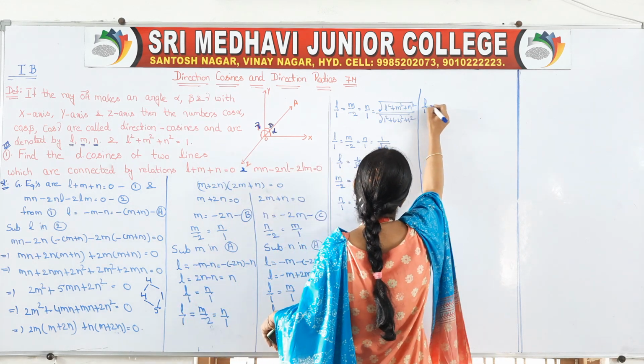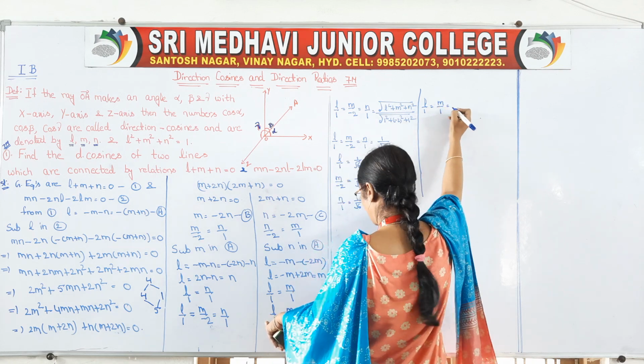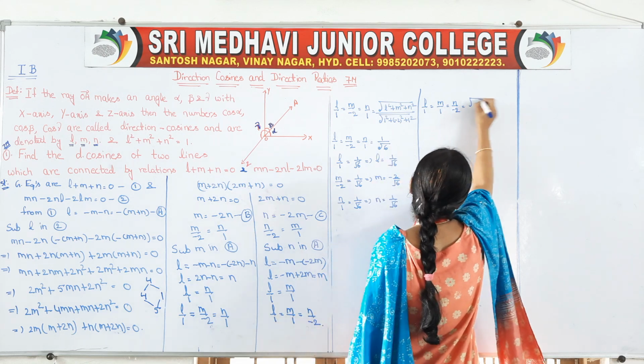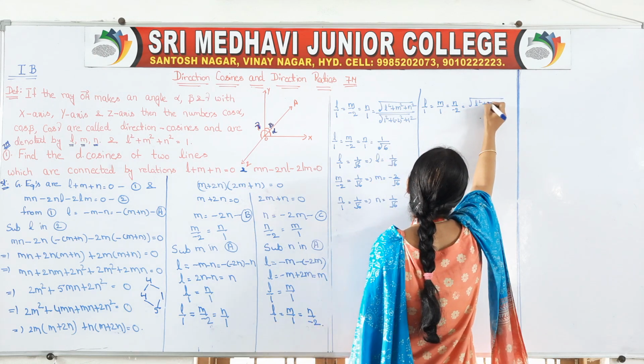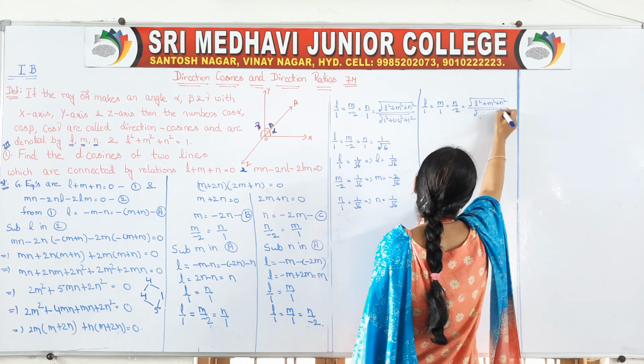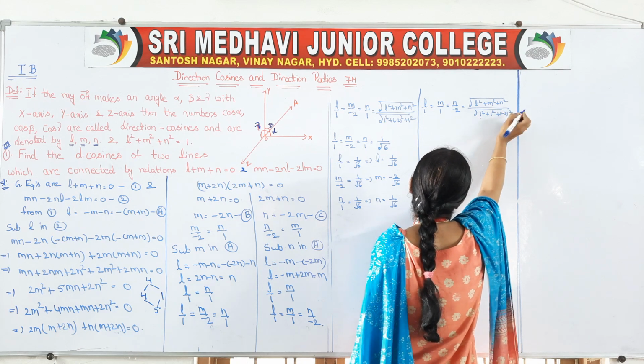L by 1 is equal to m by 1 is equal to n by minus 2 is equal to root of L square plus m square plus n square by root of 1 square plus 1 square plus minus 2 square.